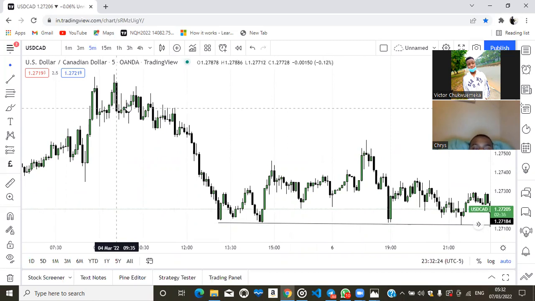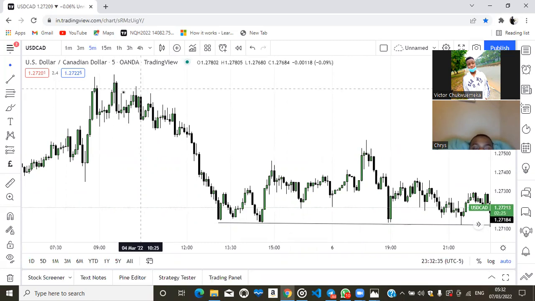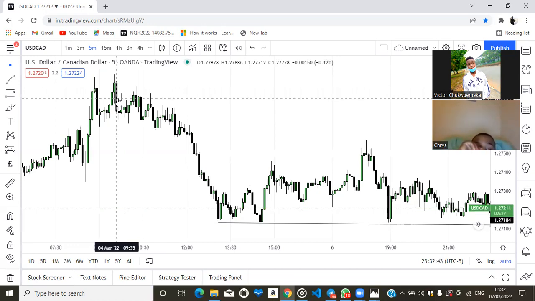This is the type of confirmation I look for, bro. Whenever price gives me a drop like this, I just look for the imbalance, and this is an OB. This is an ICT bearish order block, and you can see this imbalance is an indication that price will drop from there. So that's just what I look for in price to get an entry.